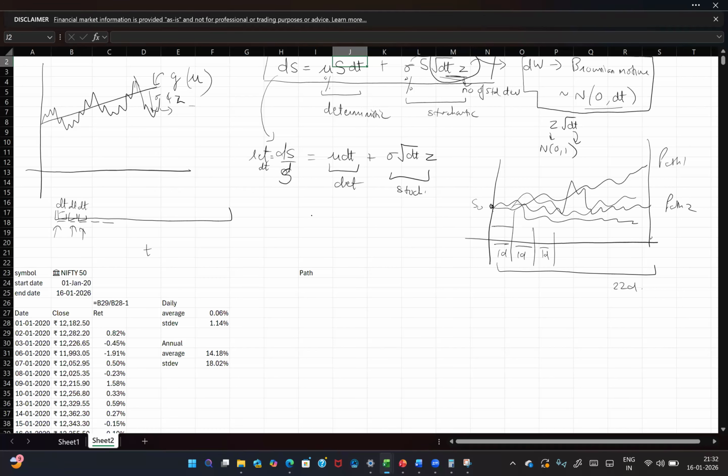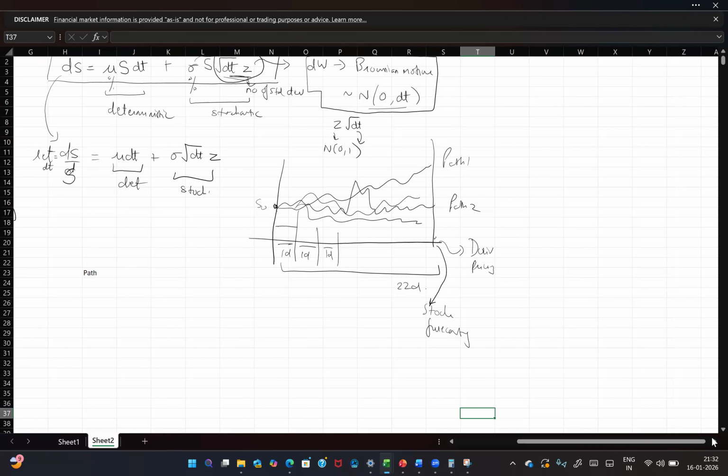Depending on what we have towards the end, this can be used for two purposes. One is for stock forecasting, and the other one is for derivatives pricing. Because in derivatives pricing, we have something called a payoff function.